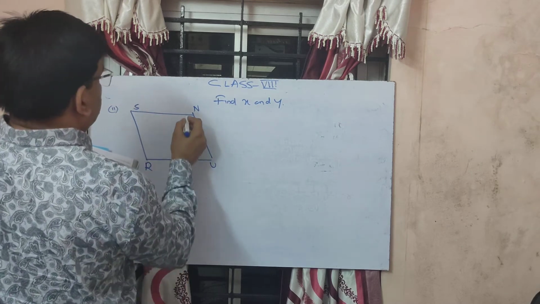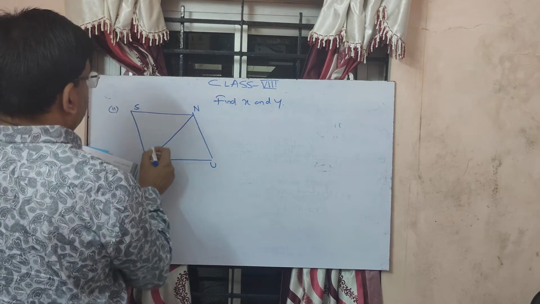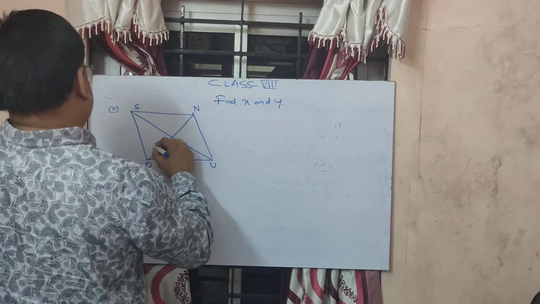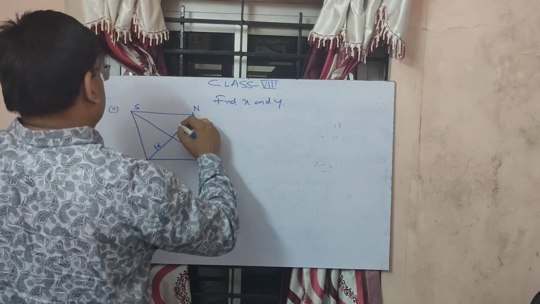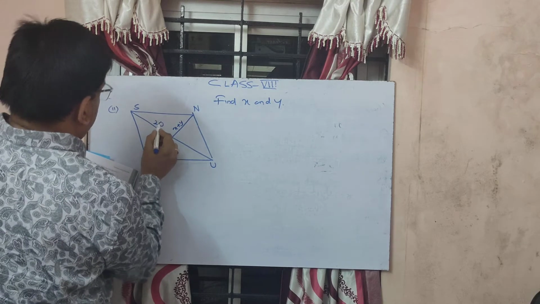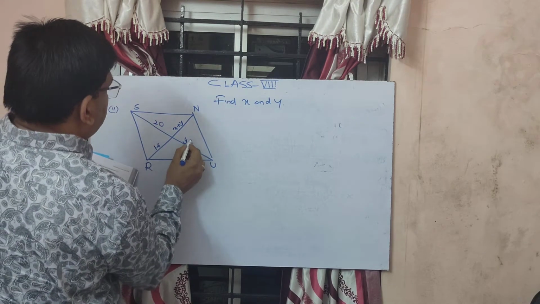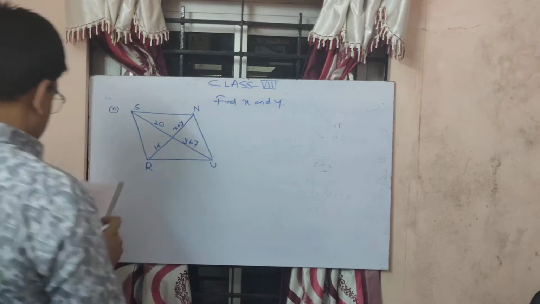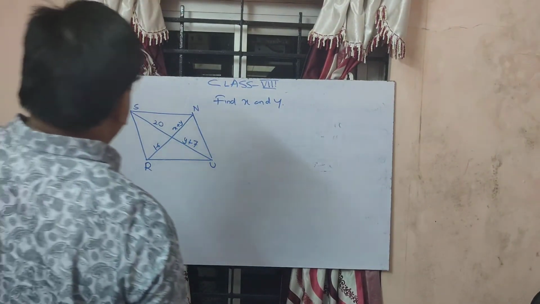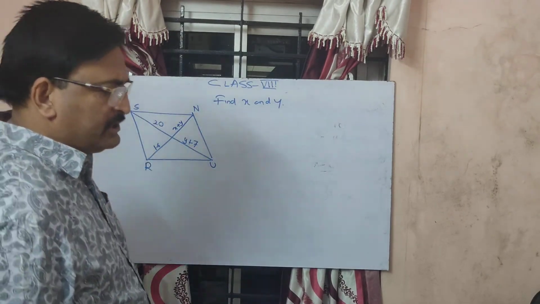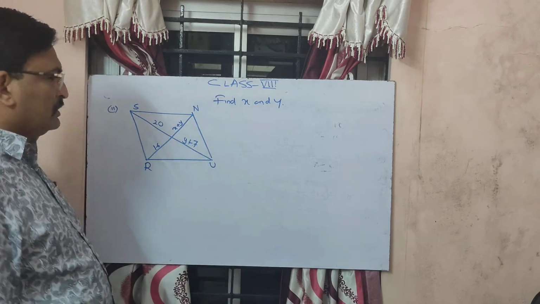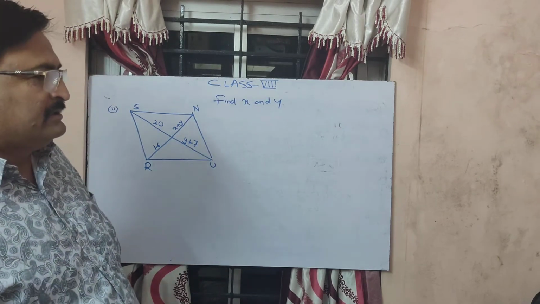Now, this is 16. x plus y. 20 here. y plus 7. Again, here you need to find the values of x and y, and you need to remember again the formula, the properties. So, what does the property say?